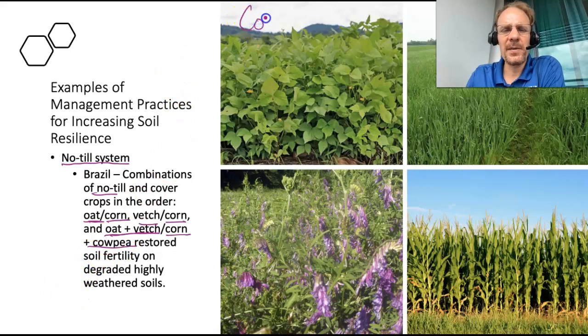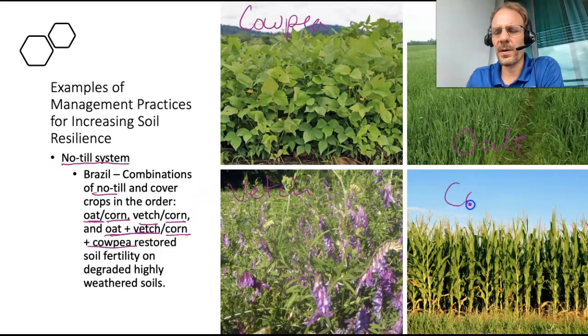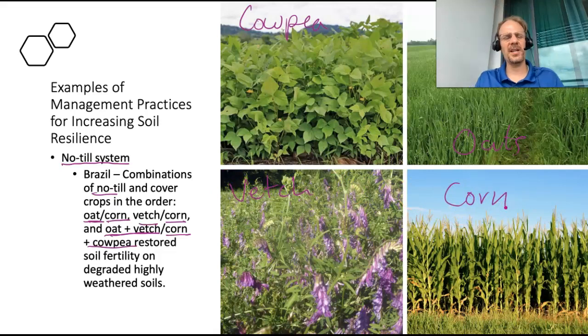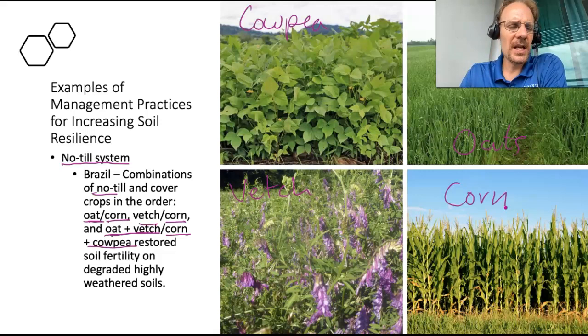Here is cowpea, oats, and vetch with corn. Again, a cropping system that uses a combination of tillage practices and cover crops has an advantage and will significantly increase soil resilience.